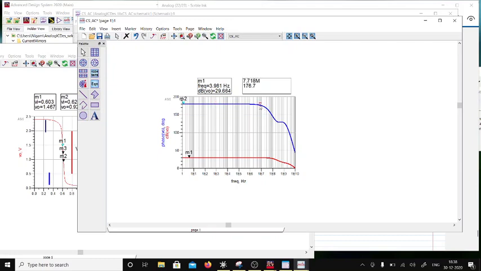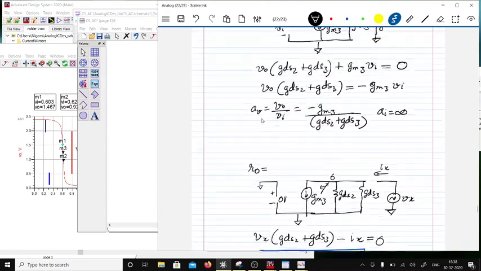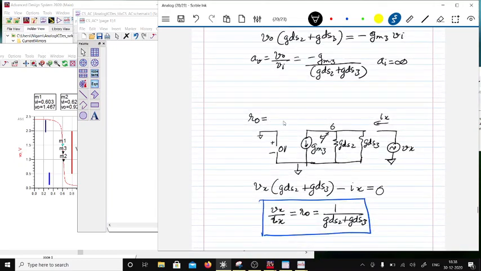So this is your first corner, and this first corner is because of this CGD over here. That CGD multiplied by AV will be the Miller capacitance referred to the input, and that would be the cause of this corner frequency, with a resistance here, right?